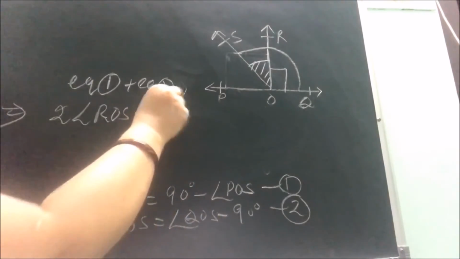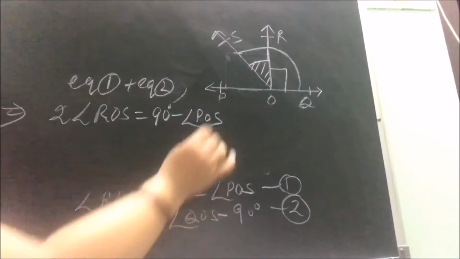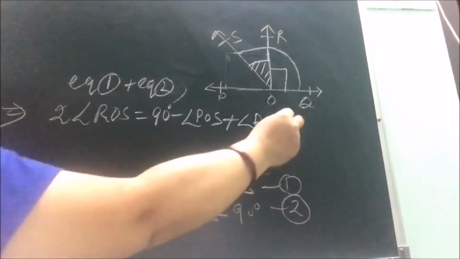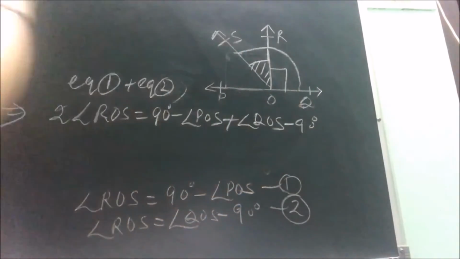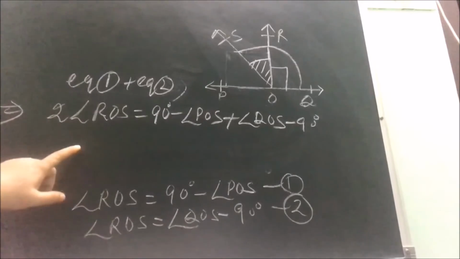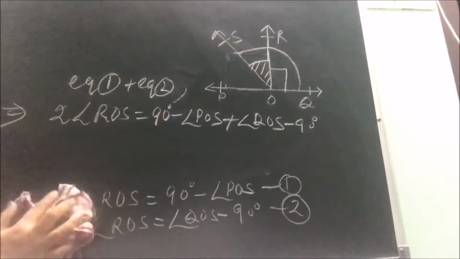So it is 90 degree minus POS plus angle QOS minus 90. See, LHS you have to add, it becomes twice ROS, and this expression plus this you have to write. In this way, we add these two equations.